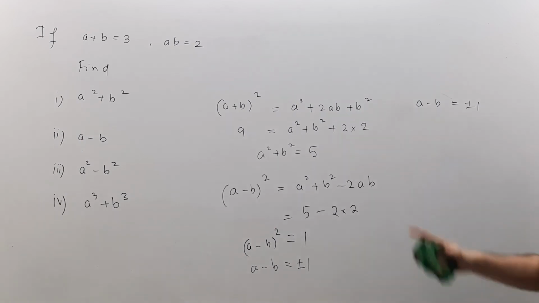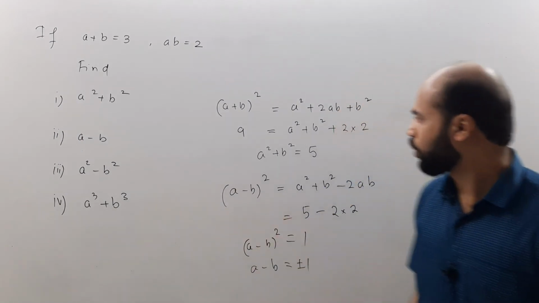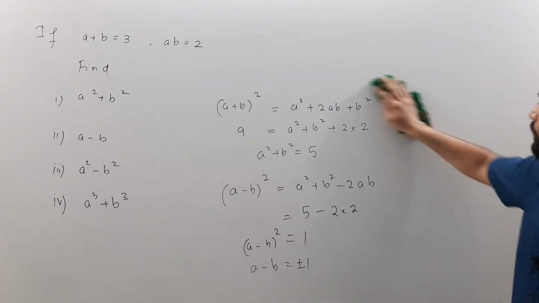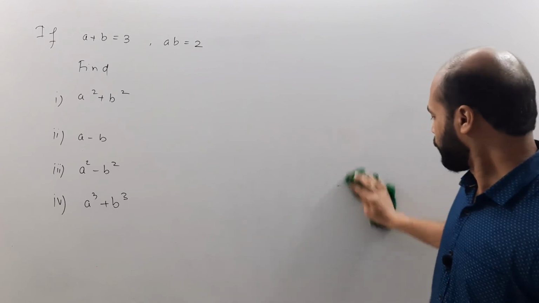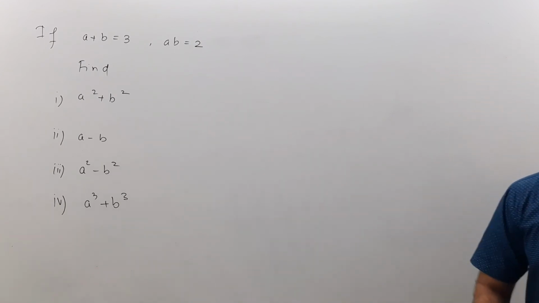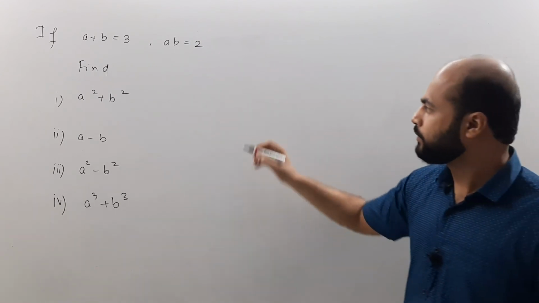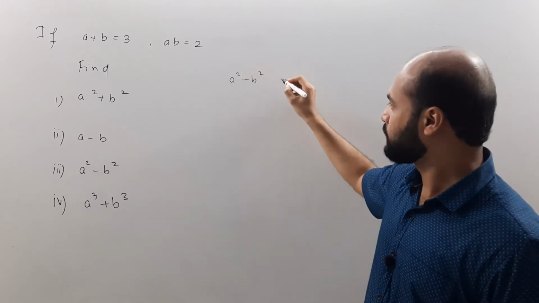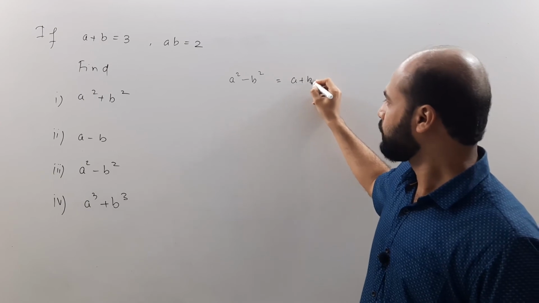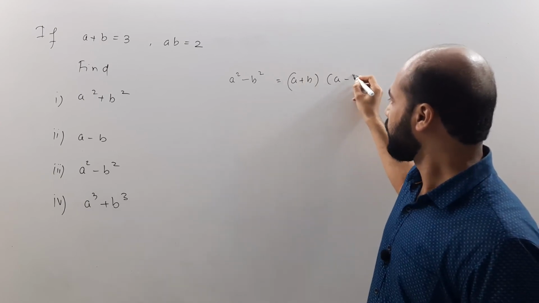So now that we have seen the first two terms, let us see 3 and 4 also. These things are very simple once you understand how to use the expansions, and often used in algebra. Next, we have to find a square minus b square, which could be written as a plus b into a minus b.